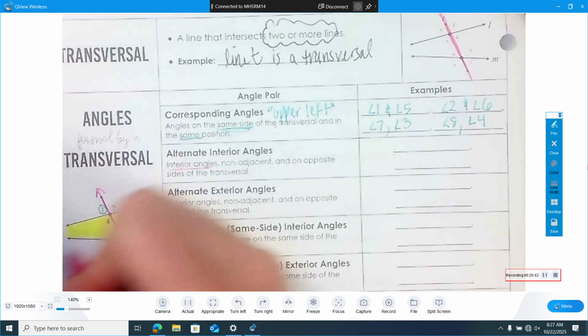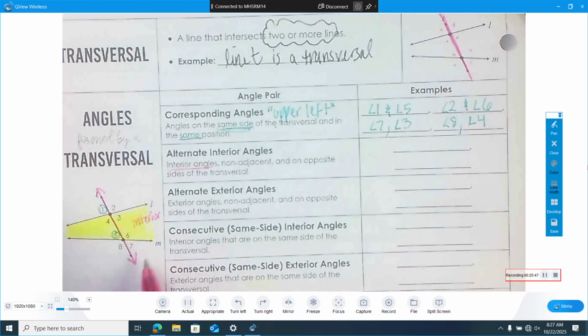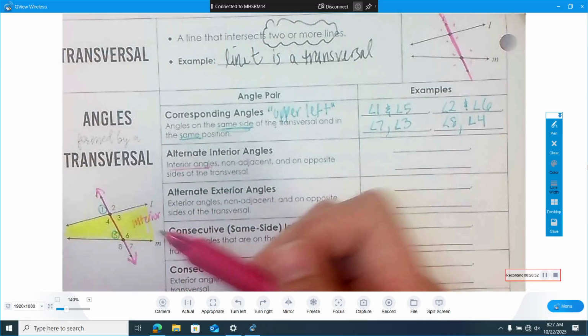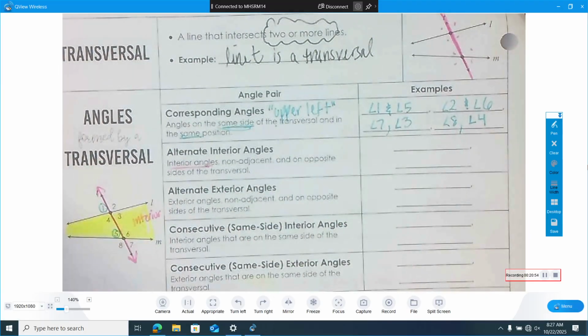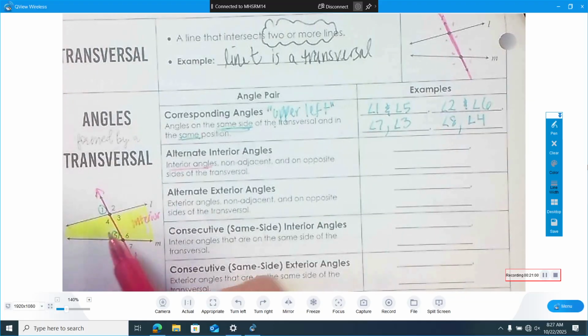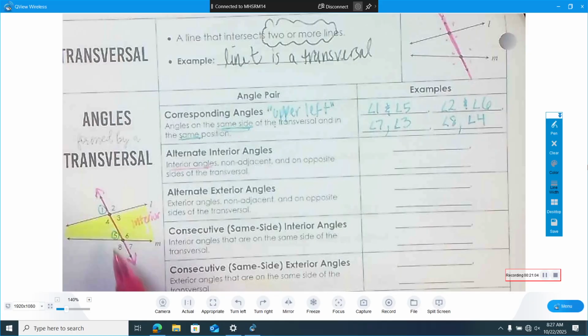So in here is our interior, okay? And so alternate interior, what are we thinking? Alternate means alternating sides, okay? Angle 4 and 5 would be alternate. Well, 4 and 5 are on the same side. 1 and 8 and like 2 and 7. So are those interior?